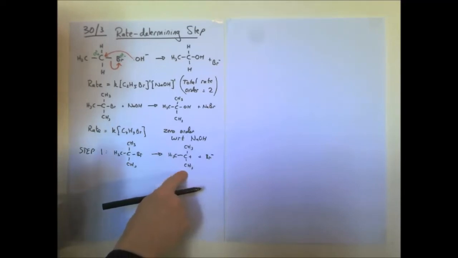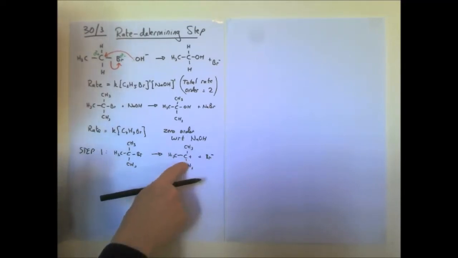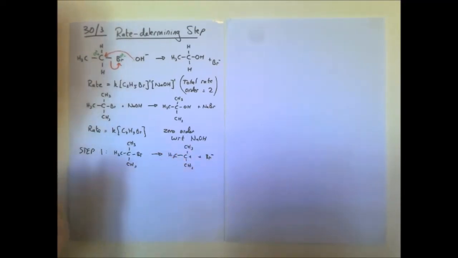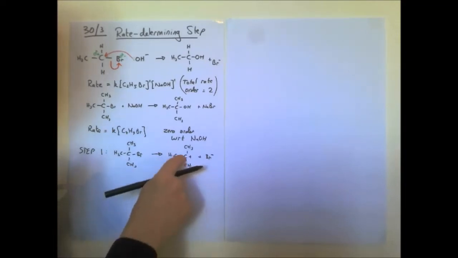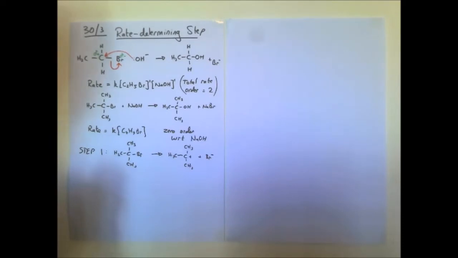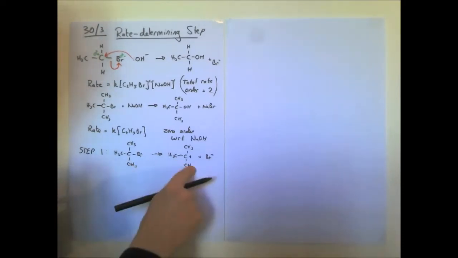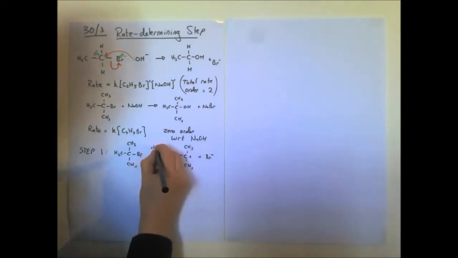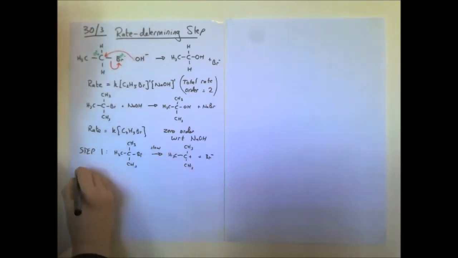Is that stable? Well, the carbocation is stabilised by a little bit of positive inductive effect. These methyl groups can push along a little bit of electron density and make that stable. But it would probably be a reversible reaction, and either way that process is slow.